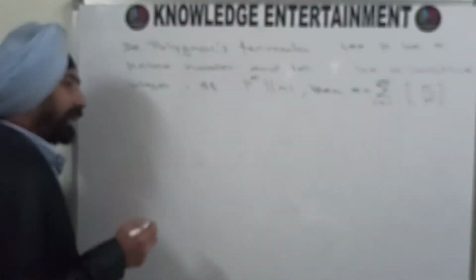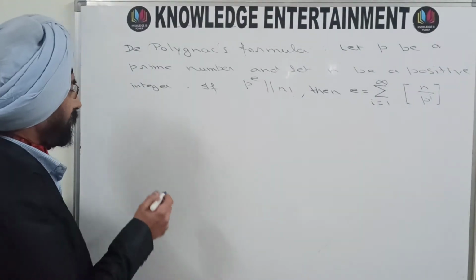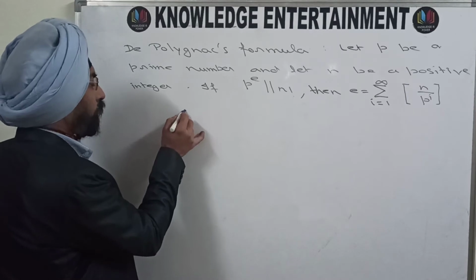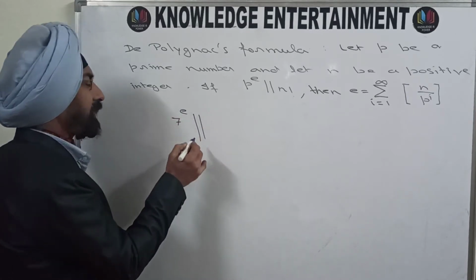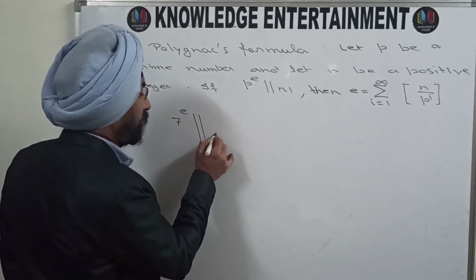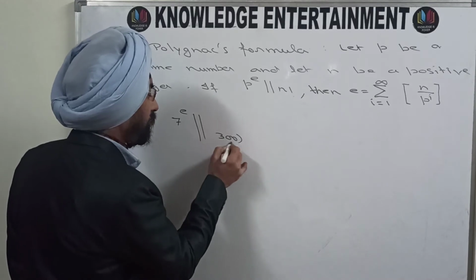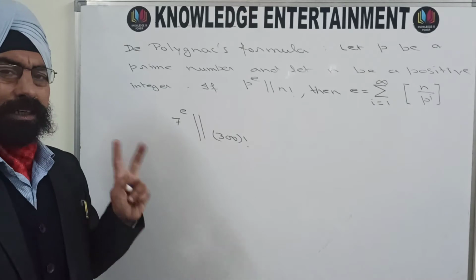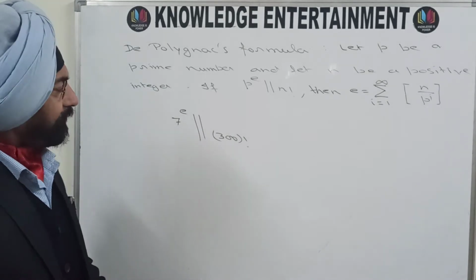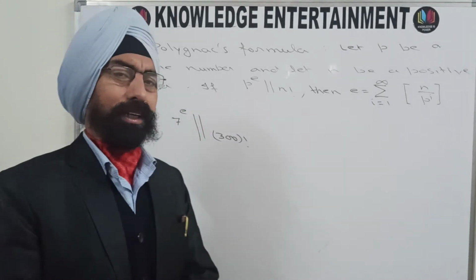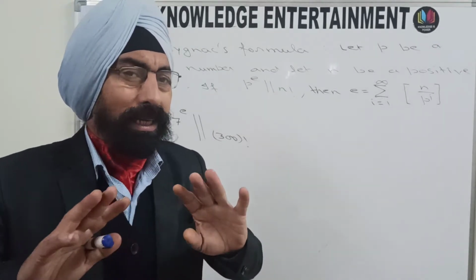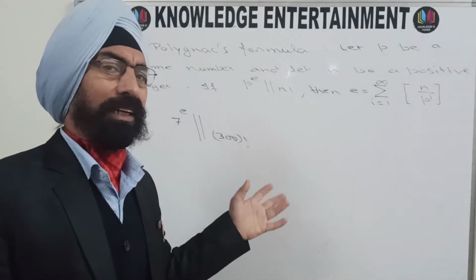Suppose I ask you a question. 7 raised to the power e max divides 300 factorial. That means 7 power e divides 300 factorial, but 7 raised to the power e plus 1 does not. What is the value of e? That means what is the maximum power of 7 that can divide 300 factorial?